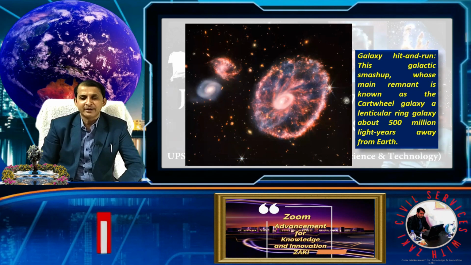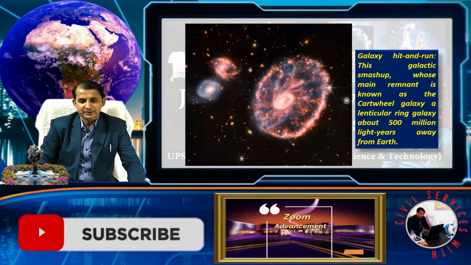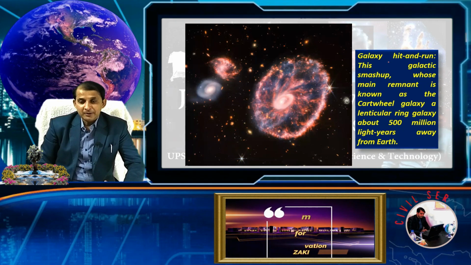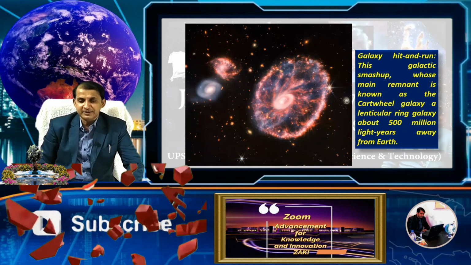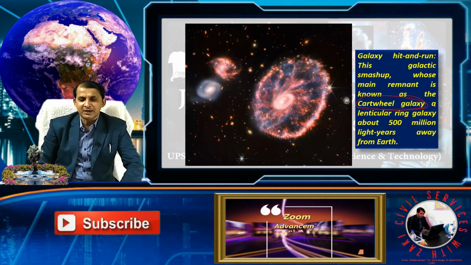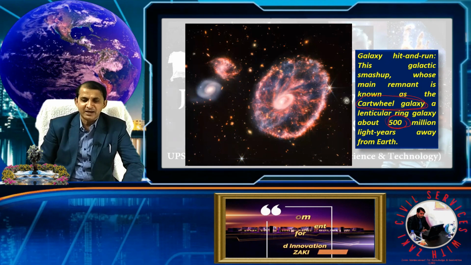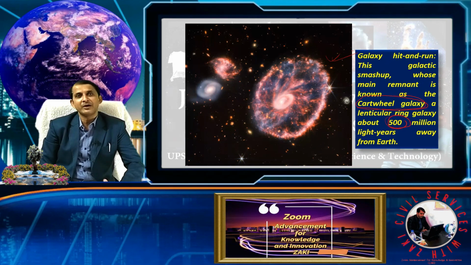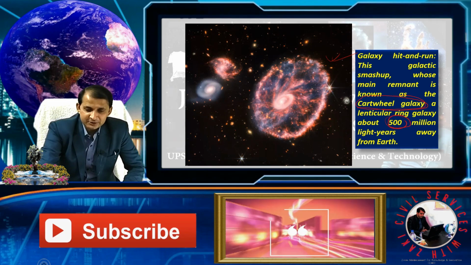It is the merger of two galaxies that hit and run and finally formed this type of galaxy. This galactic mashup's main remnant is known as the Cartwheel Galaxy, a lenticular ring galaxy about 500 million light years away from the Earth. This is also one of the significant images taken by the James Webb Space Telescope.